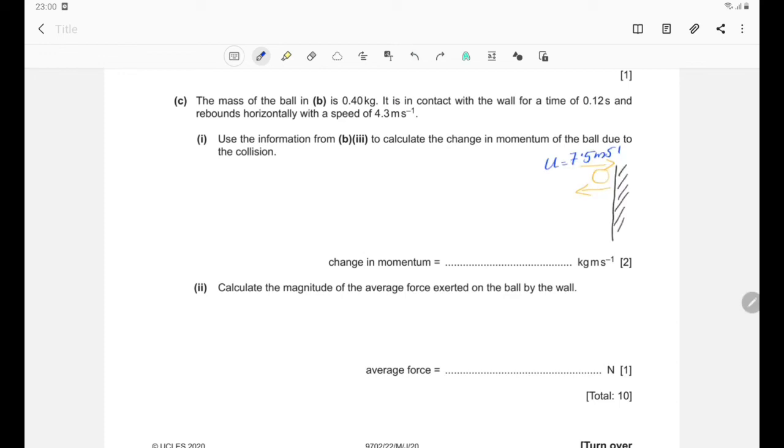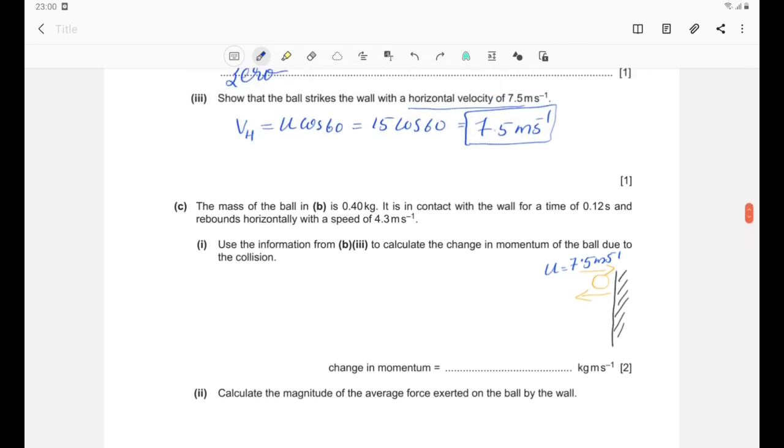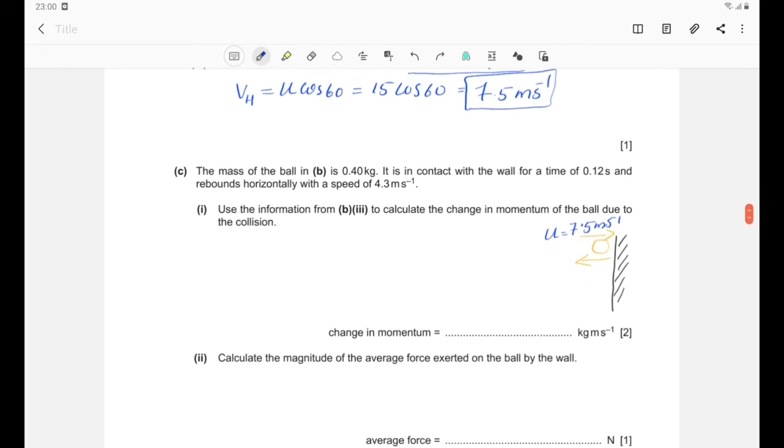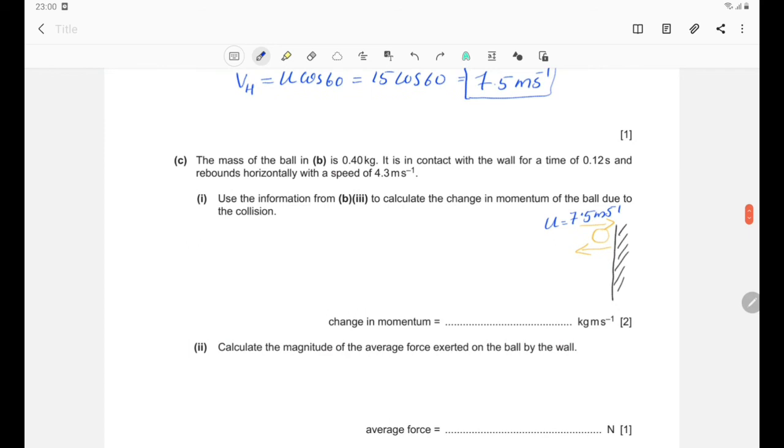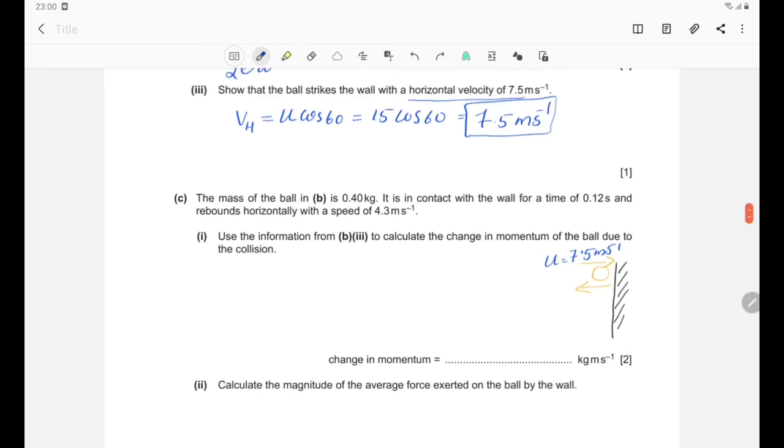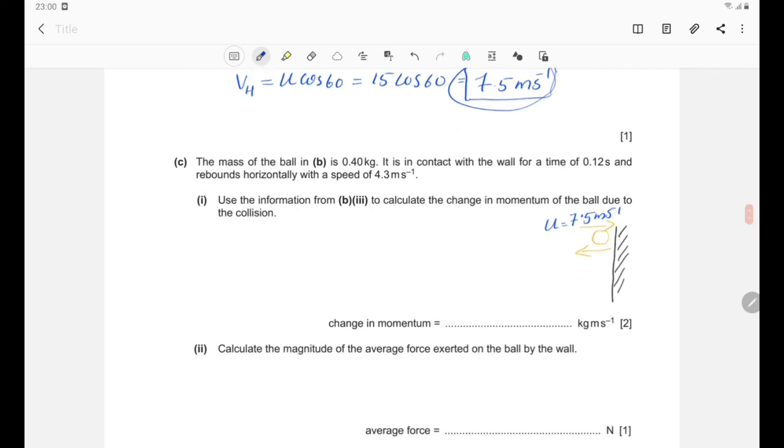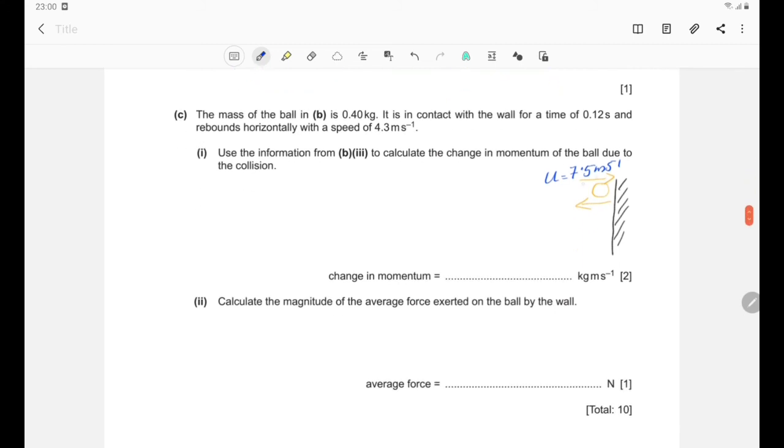So here, the ball hits the wall and it rebounds, and the velocity of the ball before it hits we have calculated in the previous part. At the top of the projectile motion, all its velocity will be horizontal velocity, which we calculated as 7.5 in our previous part. So the velocity of the ball when it hits is 7.5.